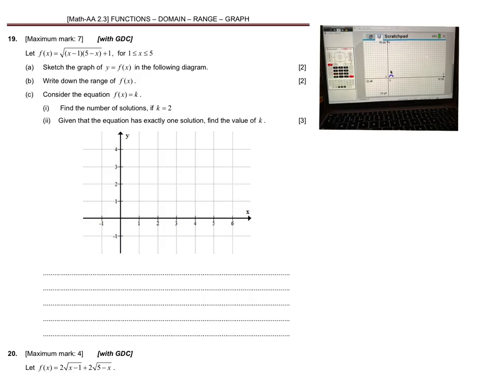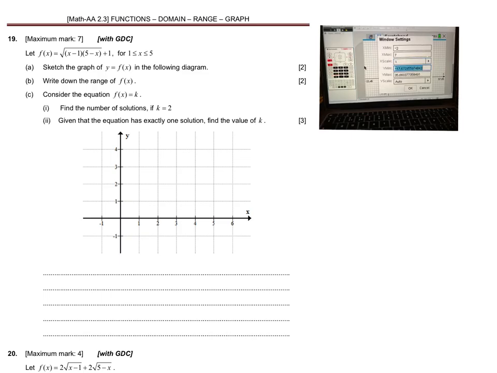Okay, so you can change your window settings to exactly what you see on the graph. So the x-axis is going from negative 2 to 7, and it's going by ones.